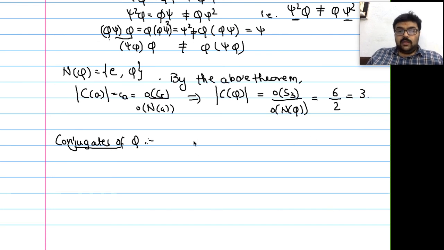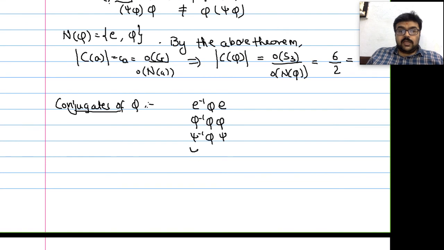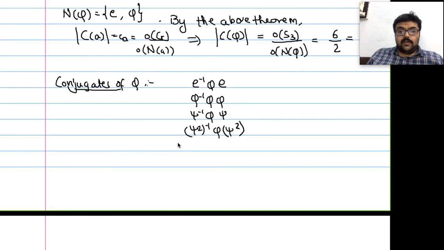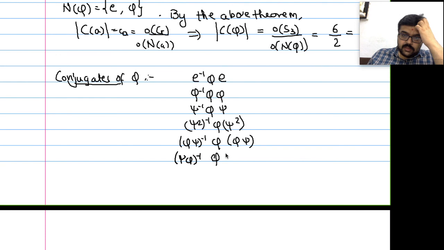So E inverse phi E, phi inverse phi phi, psi inverse phi psi, then psi square inverse phi psi square, then phi psi inverse phi phi psi, and psi phi inverse phi psi phi, with phi in the middle each time.